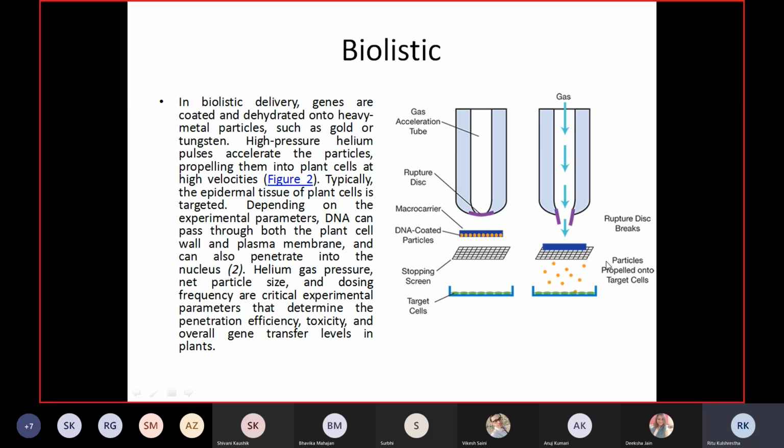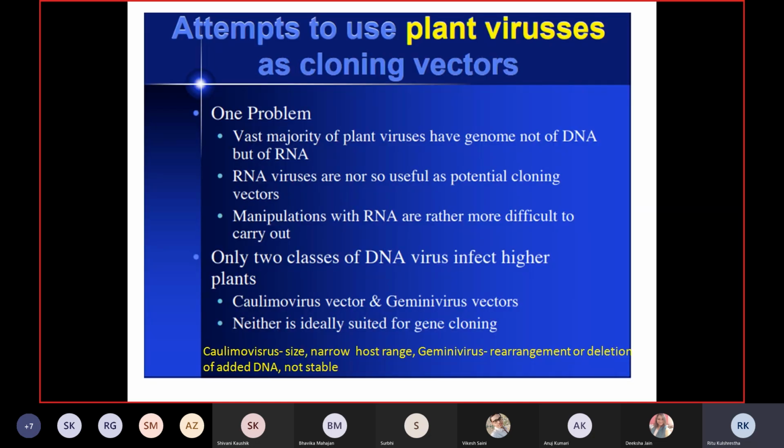Or you can bombard your callus or even sometimes the leaf section or some part of the plant with this particle gun, and the DNA with so much velocity sometimes gets inside the nucleus by penetrating first the cell wall and then getting into cytoplasm and finally nucleus. And once inside the nucleus, it does get a chance to get integrated into the genome, and that's how you can regenerate finally your transgenic plant.